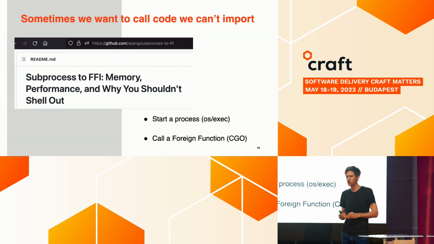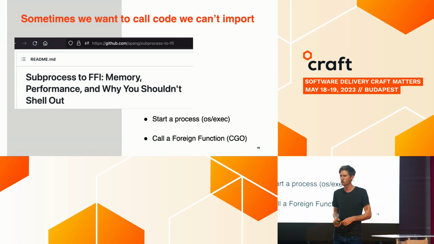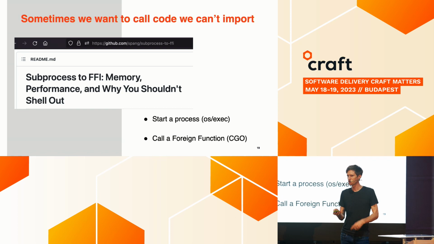Generally in this space, you can find Christina Pang's subprocess to FFI blog, and there's a link in my slide deck. It's really cool about the pros and cons of things like that. But basically, if we have functionality that's not built into our language toolkit, or it's too much to rewrite.